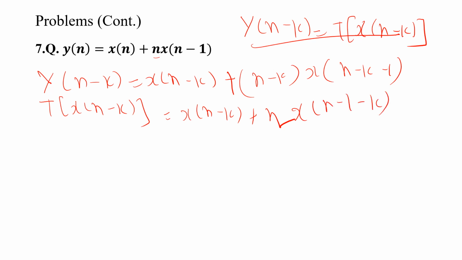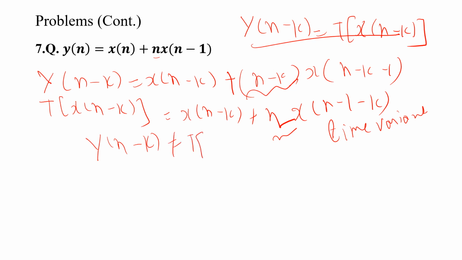Both are not equal, because here it is n minus k and there it is n, so it is called a time variant system. Why? Because y of n minus k is not equal to the transformation of x of n minus k.